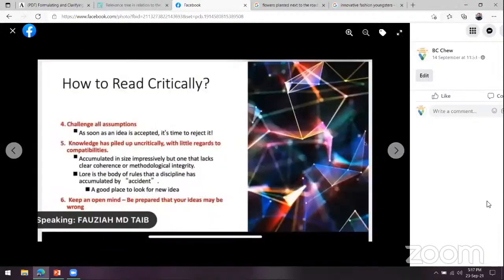So how to read critically, as I said just now. Being critical means trying to find anything that you are able to argue. It's not about going for family members or friends, but going for academic argument. So you challenge all assumptions. People last time had the assumption that the world is flat, correct?